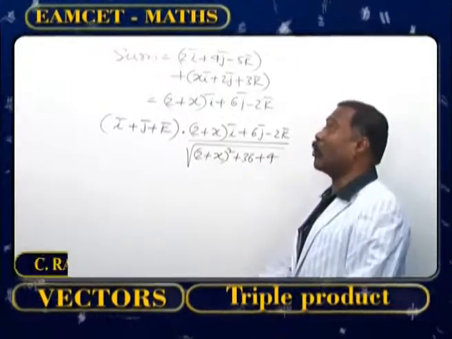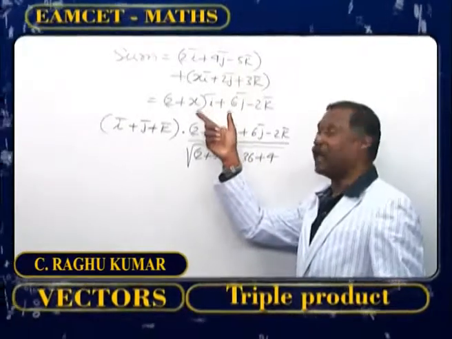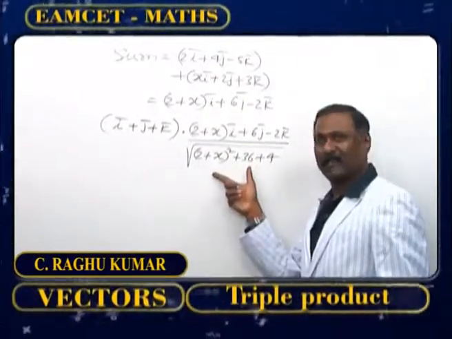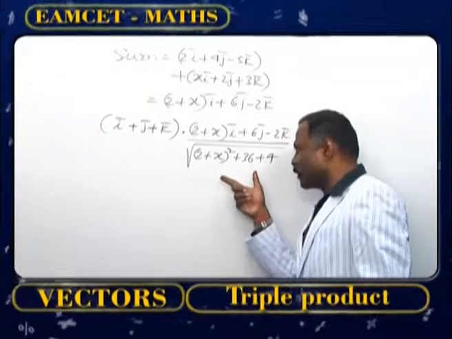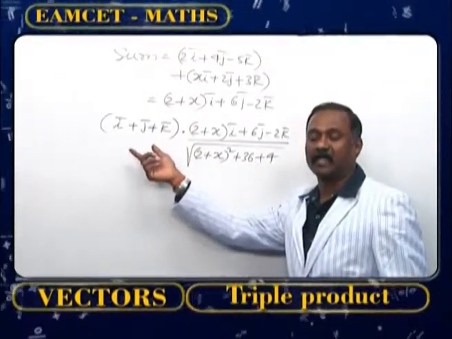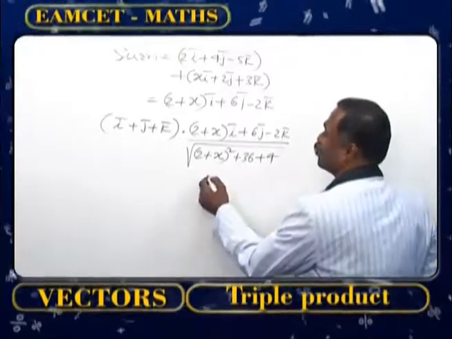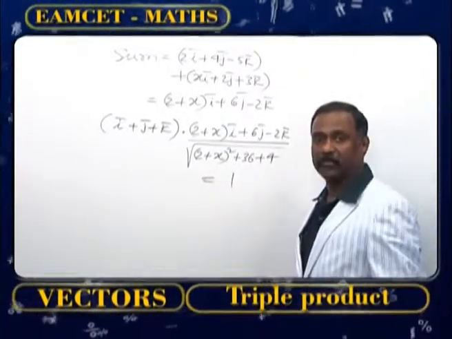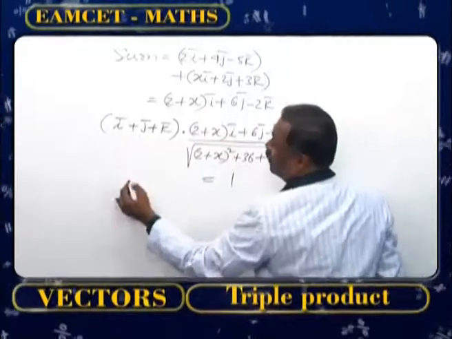That means I have got the sum of the two vectors and I have made it a unit vector. And the unit vector dot product with a given vector i plus j plus k is equal to 1. That is given. So what is it that you find here?